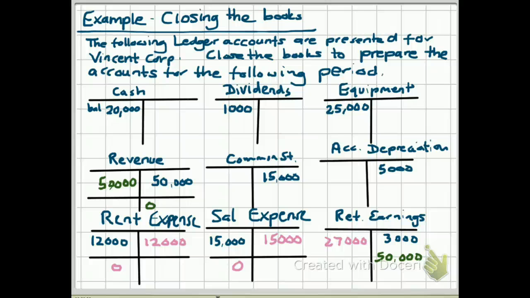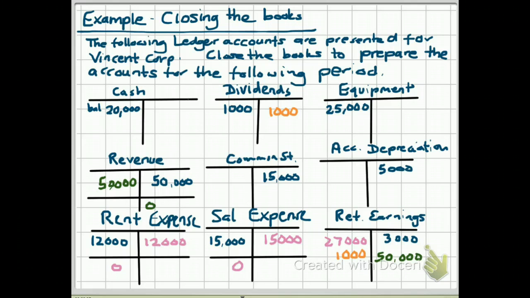Now we've got one more temporary account that we need to close out. That is dividends. Dividends has a debit balance of $1,000 here, and we close it out by crediting dividends for $1,000. We credit dividends $1,000 and we would debit retained earnings for $1,000.